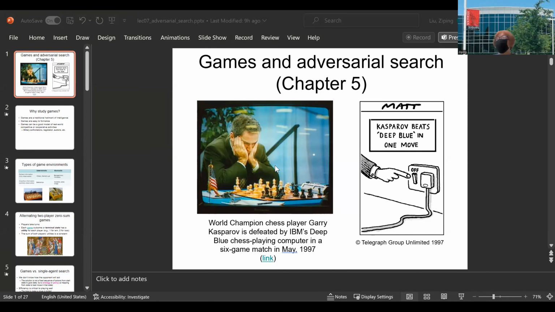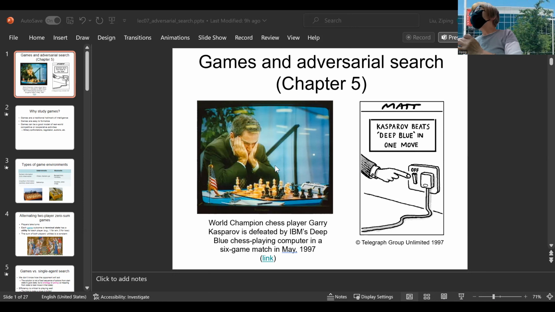So what is that? Just think about all the previous search: uninformed search, informed search. When we discuss all those search algorithms, how many agents are involved?